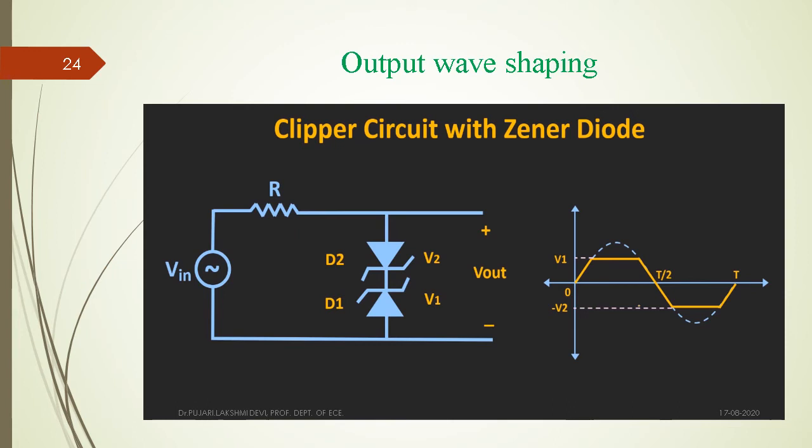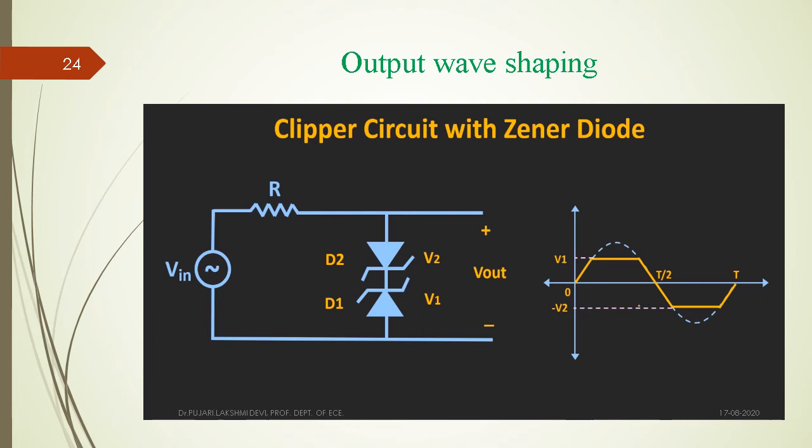Because of this condition, whenever diode D1 is in reverse bias, it maintains a constant output voltage of V1. When diode D2 is in reverse bias, it maintains a constant output voltage of V2. That is minus V2 and this one is plus V2.